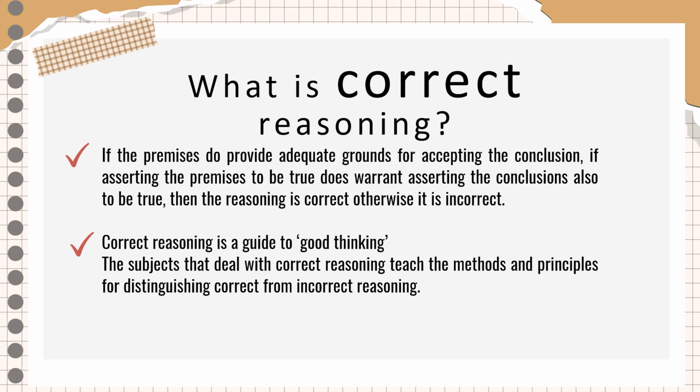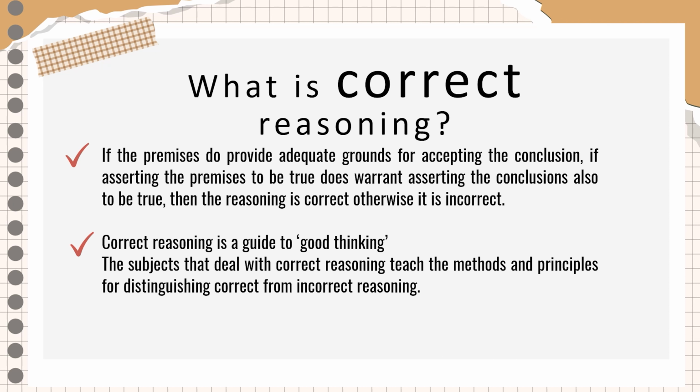If the premises indeed supply sufficient justification for accepting the conclusion, and asserting the truth of the premises necessitates the truth of the conclusion, the reasoning is deemed correct. However, if this connection is lacking, the reasoning is considered incorrect.